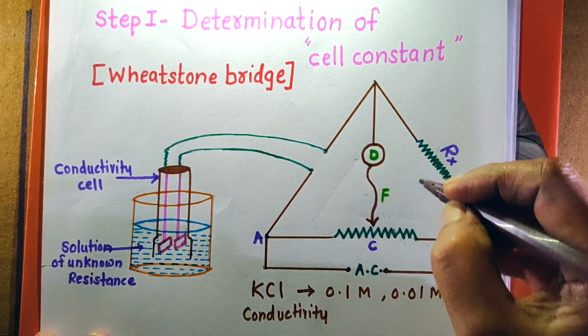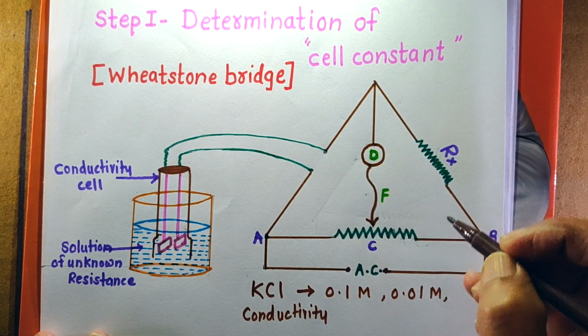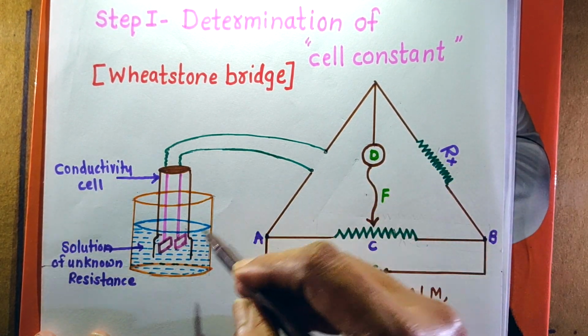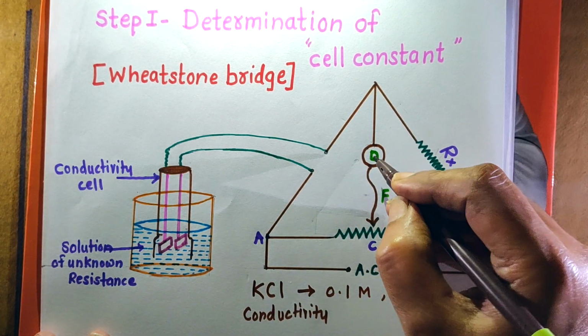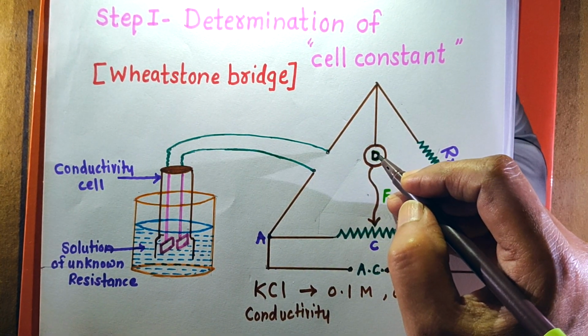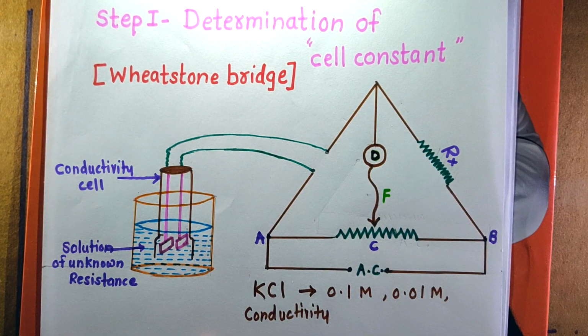Now see here, in this Wheatstone bridge we have this arrangement like this. This resistance is unknown, and this is the known resistance. This D is the deflector, or you can say this is the galvanometer which shows the current flowing through the circuit.